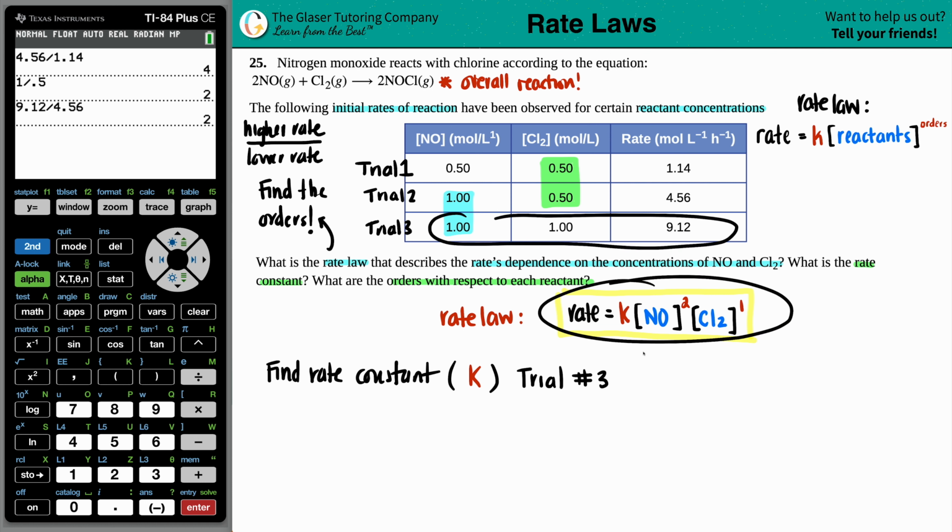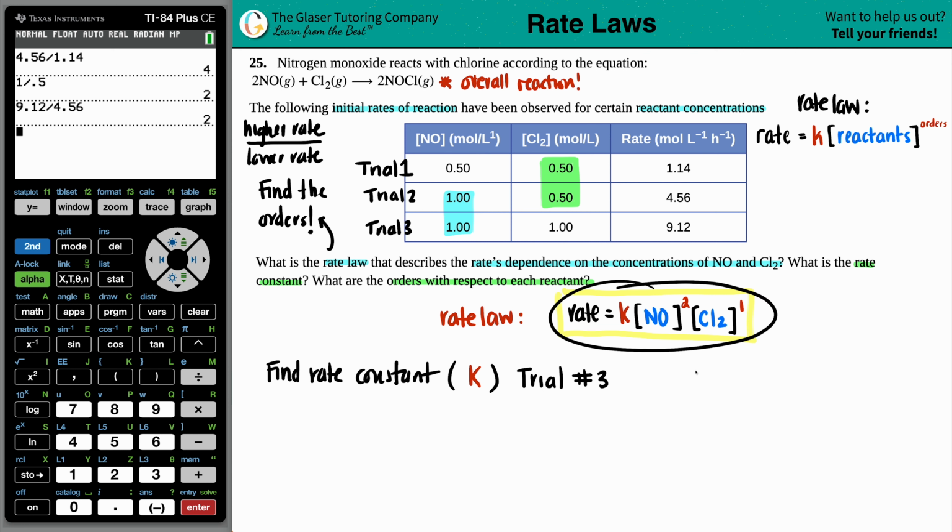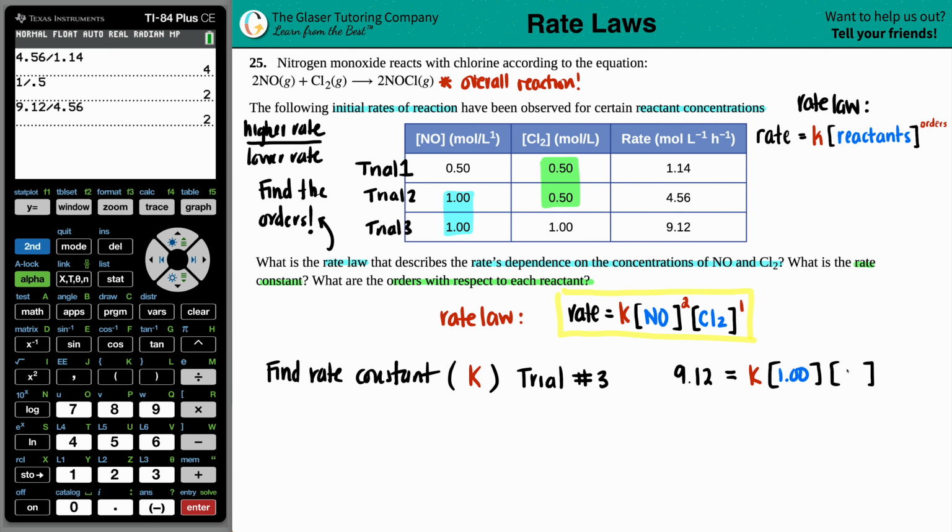So for us, using the rate law, the rate was 9.12 equals the K value times the concentration of, let's see, for trial 3, 1.00 and then 1.00. We're going to raise the first one to the second and the Cl2 to the first.